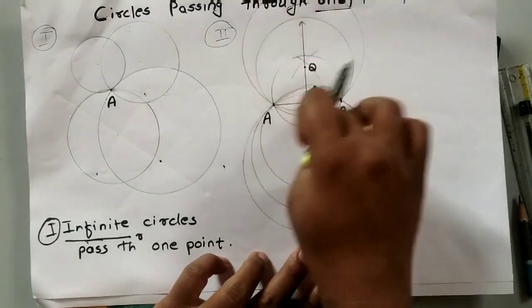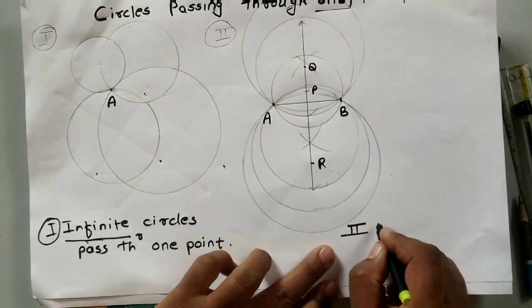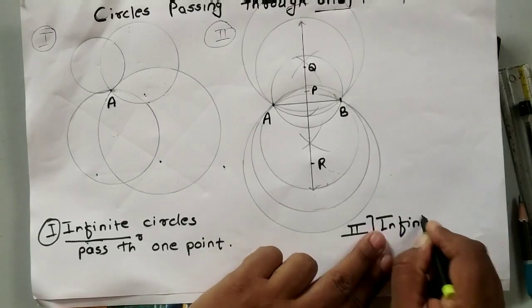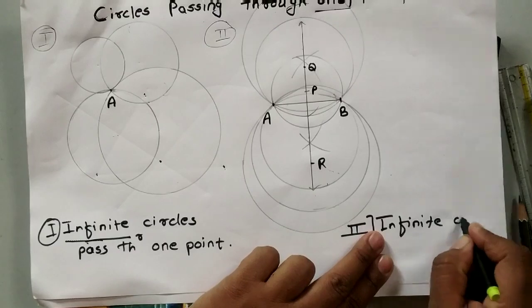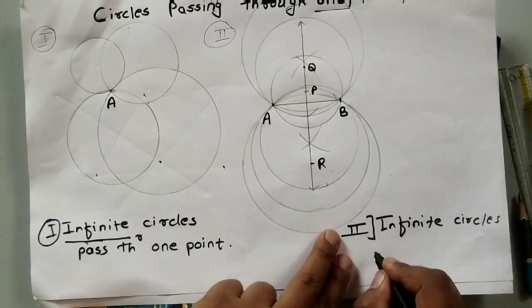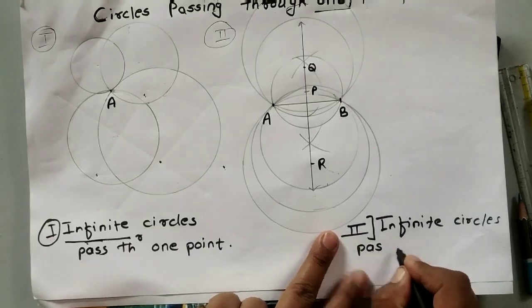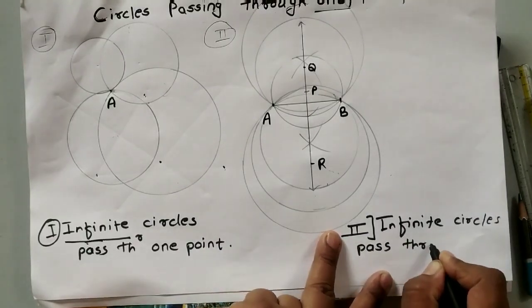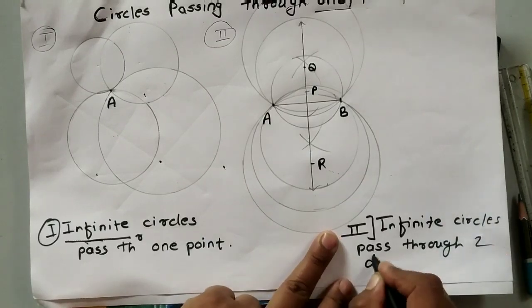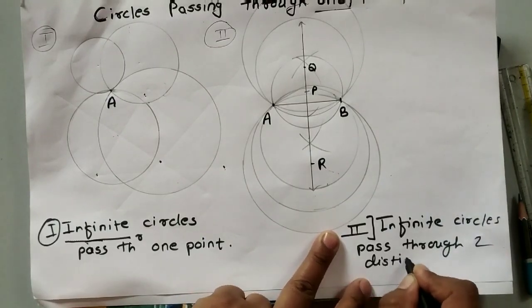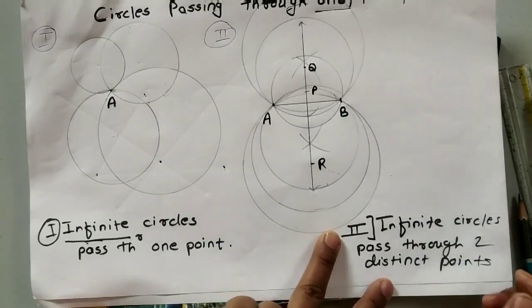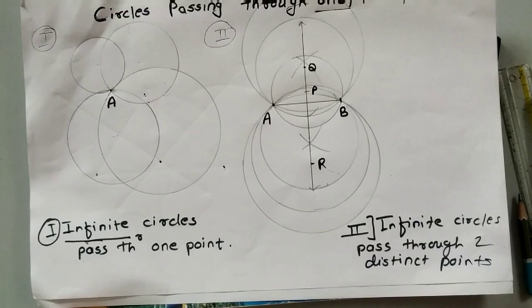Infinite circles pass through two distinct points.